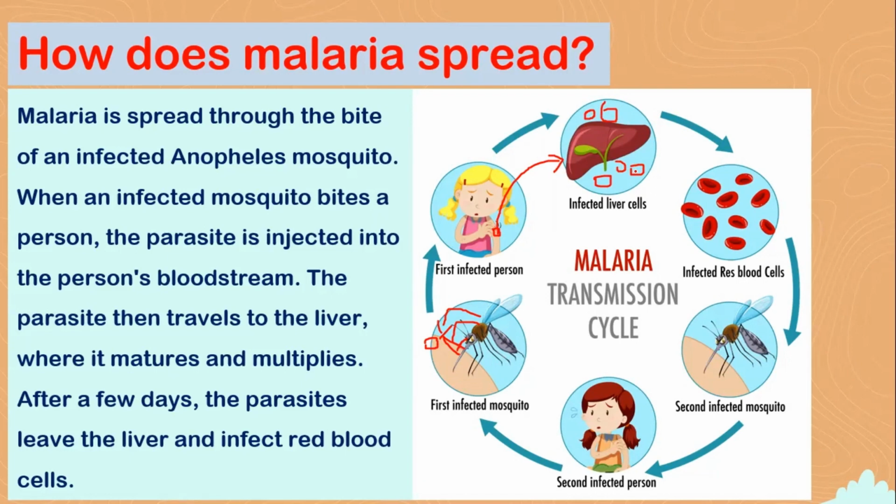After a few days, the parasites leave the liver and infect the red blood cell. So this one infects the red blood cell. Here in the red blood cell, the parasites continue to reproduce. So it is getting reproduced.